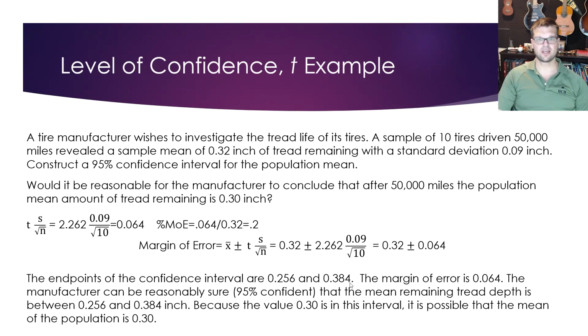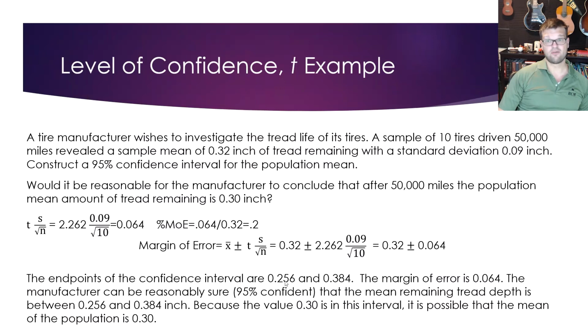Because they want to know, is it reasonable to conclude that 0.3 is the amount of tread that's remaining? And the answer is yes. The reason why is because it's within the limits of the confidence interval.